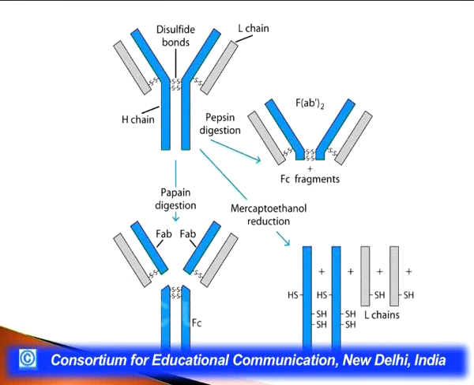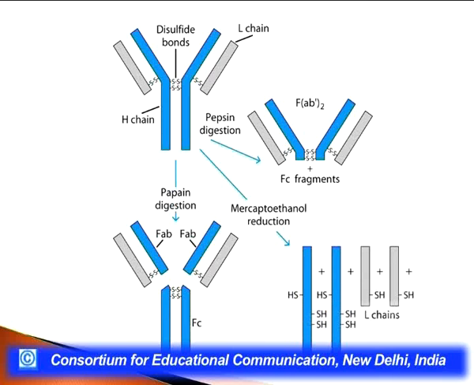As you can see in this slide, with pepsin digestion of an antibody molecule, you get an F(ab')2 fragment which has the ability to bind an antigen, and because it retains both the antigen binding sites, it can cause precipitation of an antigen as well. However, the Fc fragment has undergone degradation.